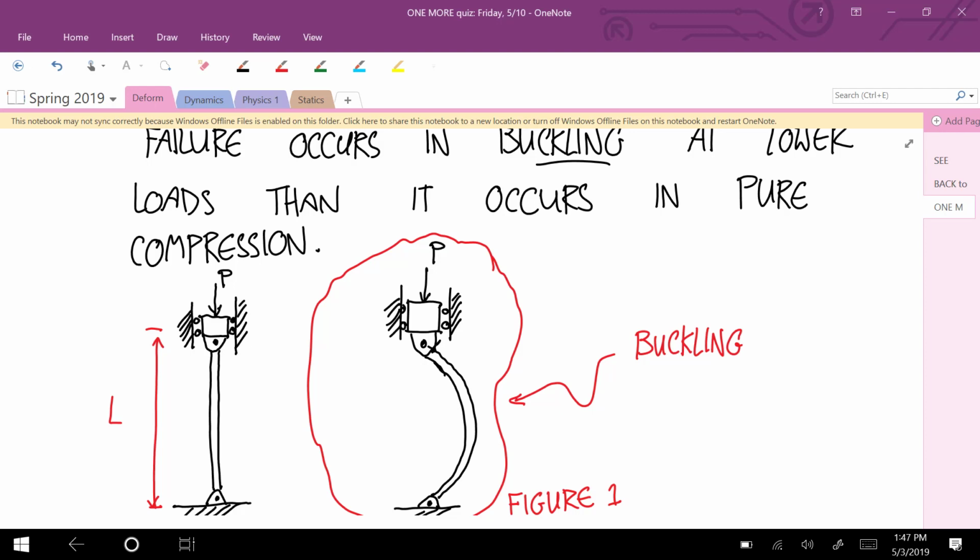Okay, but now what we're going to do is use this idea to talk about, well, what happens if the deflection is restricted at the middle, or what happens if we change the joint types at the ends? How does that change our calculation of the critical P value? And basically, we want to just see how restrictions that we put on these beams can keep us from failing in buckling at such a low value.